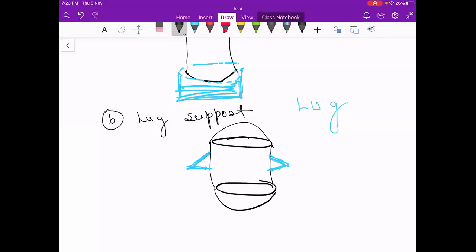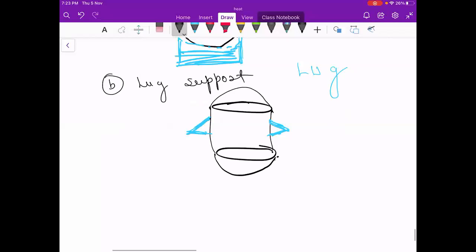Third you can see basically, these lugs can be mounted on the wall, or they can have a leg, so that is known as leg support.